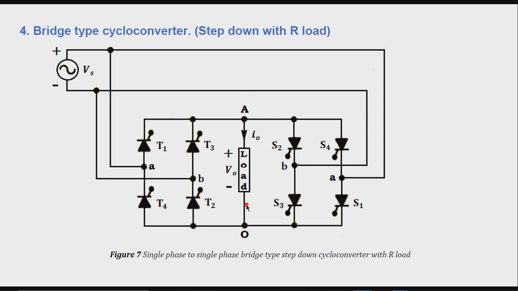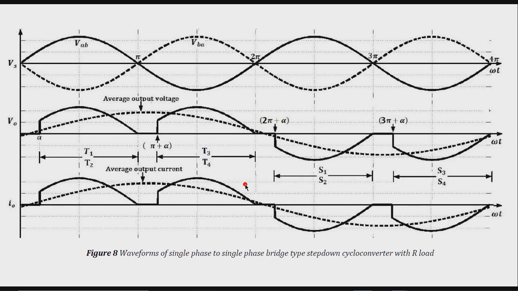So it is from O to A. At omega t is equal to 3 pi, thyristors S1 and S2 are naturally commutated and the load current goes to 0 as shown in the waveform. In this sequence, at omega t is equal to 3 pi plus alpha, S3 and S4 are triggered as B is positive with respect to A. S3 and S4 start conducting and the load voltage and current will be negative as drawn in this waveform diagram.